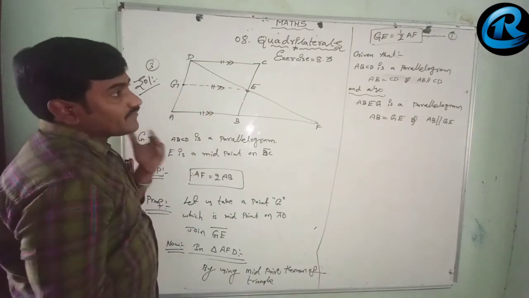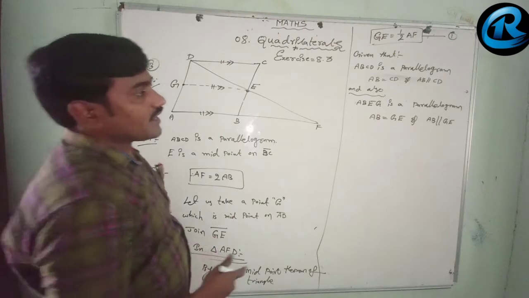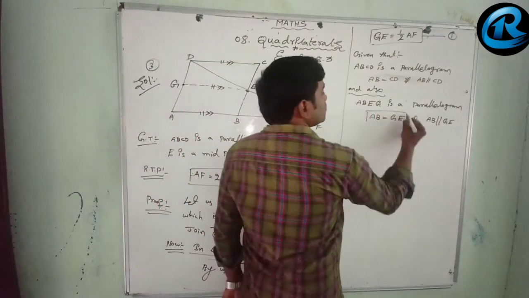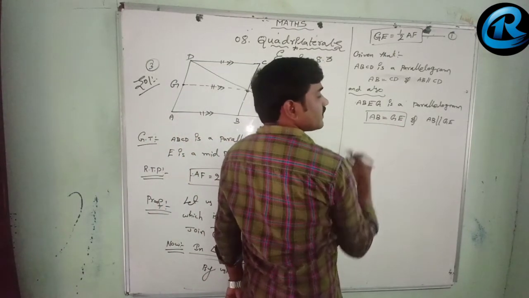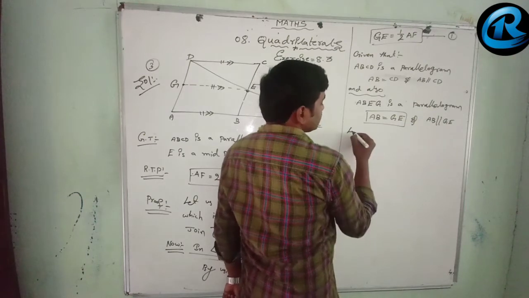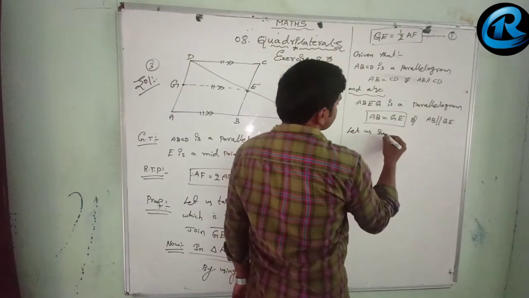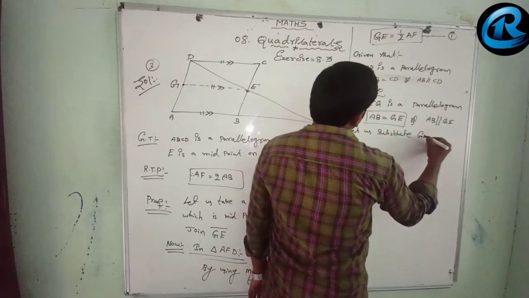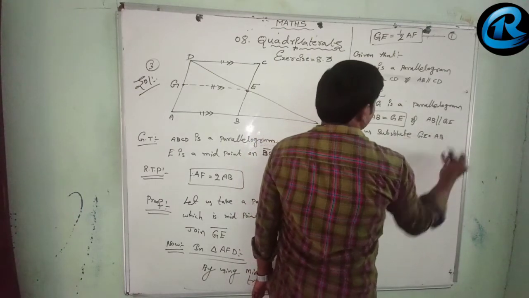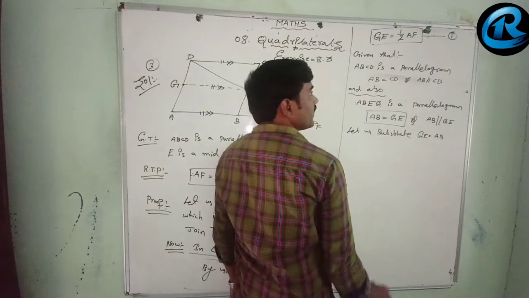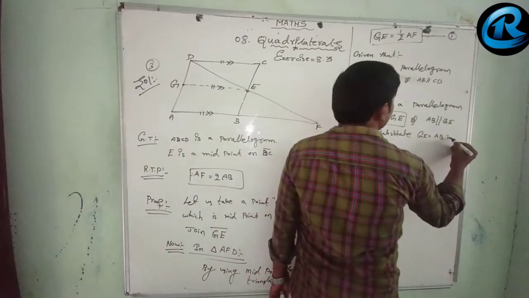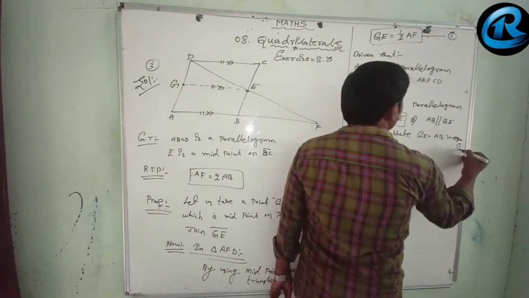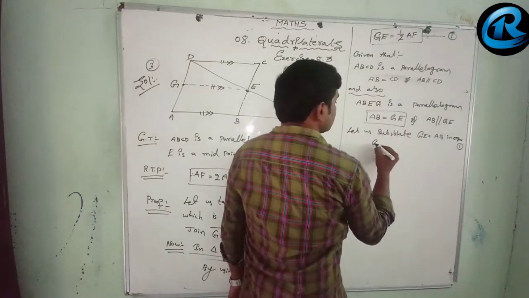So here from this statement we can write now, GE equal to AB. Let us substitute GE equal to AB in equation number 1. What is the equation number 1 here?